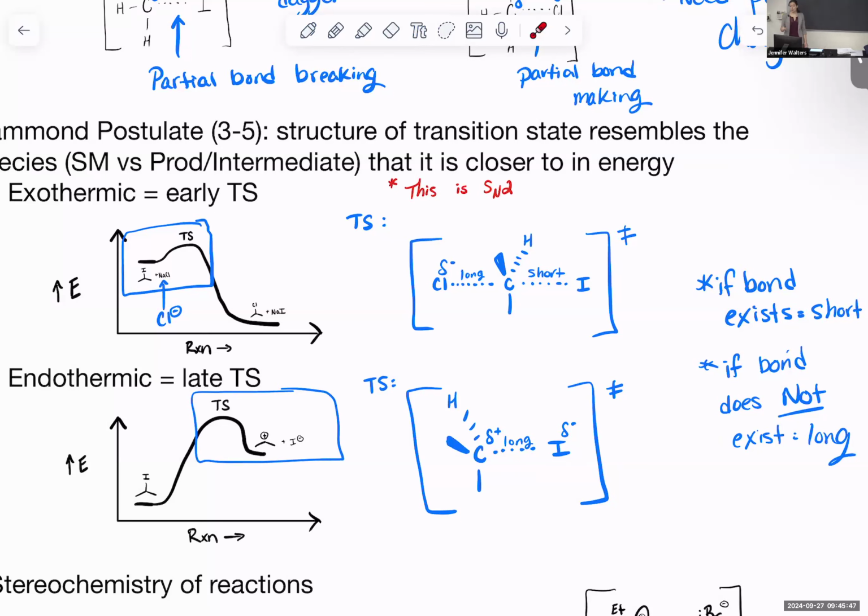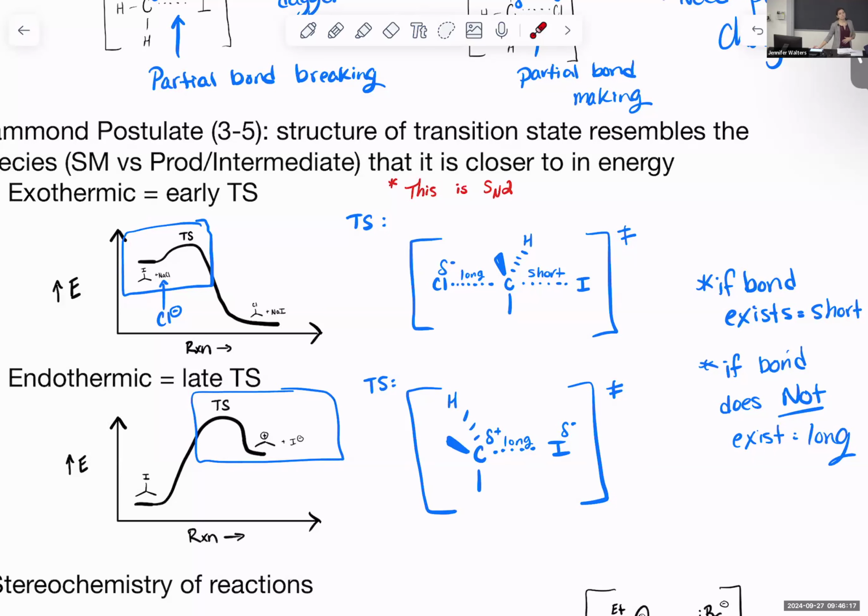So you have to know what you are closer in energy to in order to know if you're going to have long or short bonds. The Hammond postulate usually trips students up, but as long as you keep in mind that you have to look more like whatever you're closer in energy to, that's really all the Hammond postulate says. You just have to look more like the thing you're close in energy to, and that tells you what your transition state is going to look like.